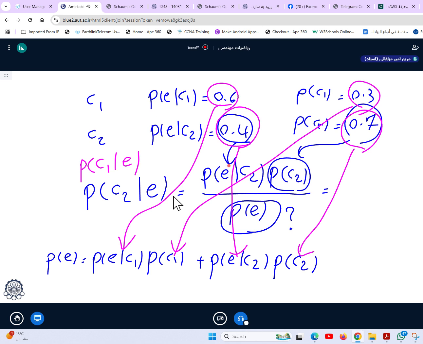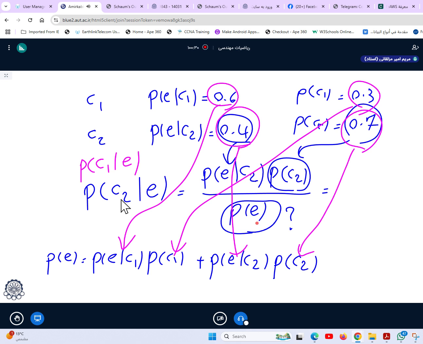Now we want to replace the values. Probability of error given class 2, we have this value. Probability of class 2, we have this value. But in the denominator, we have the probability of error, and the problem doesn't give it to us. So we should compute the probability of error.